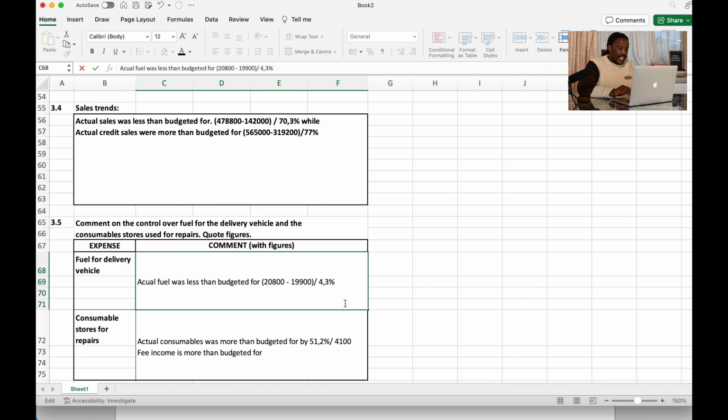If you mention it like this, you can see that there was no proper control over the delivery vehicle. And assuming all customers require delivery.